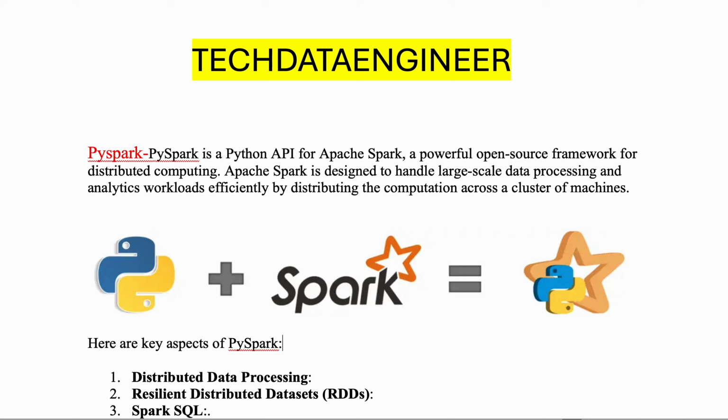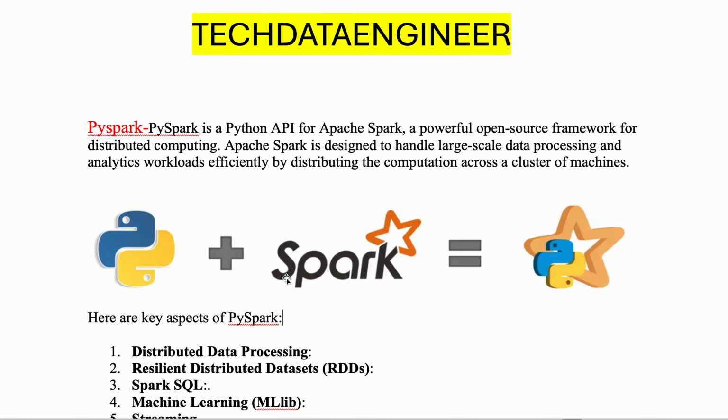Cloud is one of the most suitable examples of distributed computing. That's why PySpark works in a distributed manner, which is very useful and easy to use. PySpark is nothing but Python and Spark.